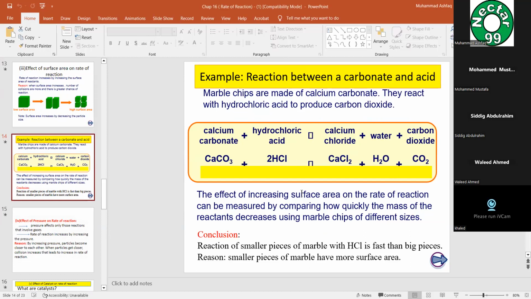The effect of increased surface area on the rate of reaction can be measured by comparing how quickly the mass of the reactant decreases using marble chips of different sizes. The conclusion mentioned here is that the reaction of smaller pieces of marble with HCl is faster than with big pieces. The reason is that small pieces of marble have more surface area and more particles are easily affected.